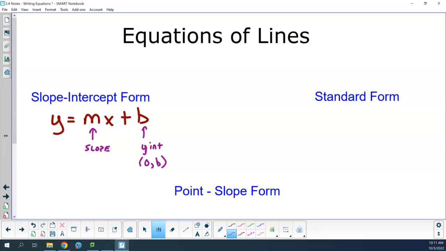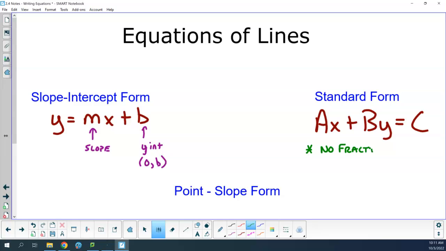Then we have the standard form of a line: Ax plus By equals C. And the standard form of a line is higher level type stuff, so it comes with an added bonus of no fractions or decimals.